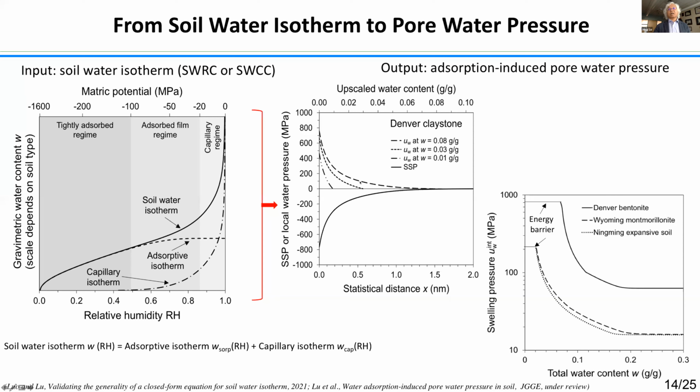Depending on what kind of water content you want initially, you have soil water content. From the soil swelling potential, because we can determine it from this curve, we can calculate what will be your pore pressure distribution, depending on the distance to the particle surface. If you think that is very vague, you can convert that to the water content. So that is your pressure distribution.